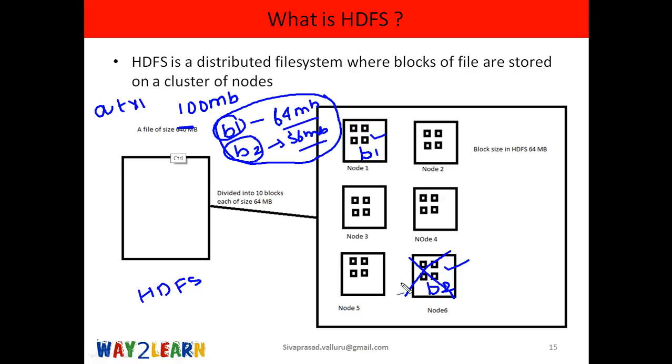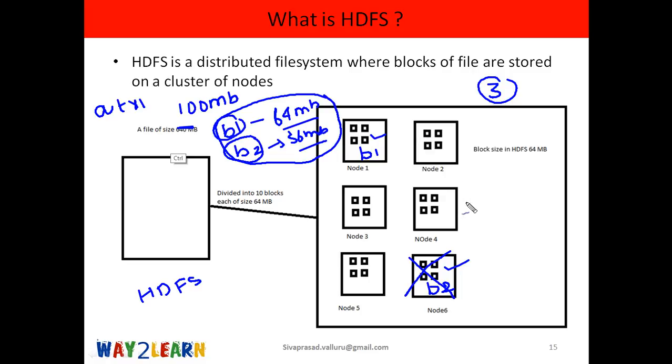So generally in a distributed file system, the probability of failure of one of the nodes is high. So we replicate the blocks with a replication factor of 3. In Hadoop Distributed File System, the default replication factor is 3.